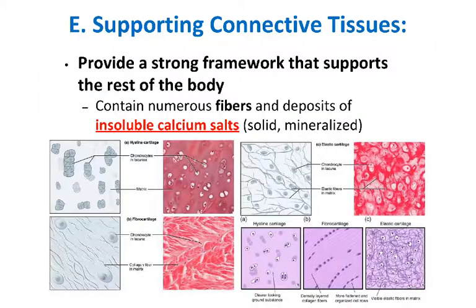These connective tissue types provide a really strong and rigid framework that helps support the rest of your body. And the main thing here is they have lots and lots of fibers and deposition of lots of minerals, particularly insoluble calcium salts. They're going to help create that rigidity in your skeletal frame that helps you stay upright.